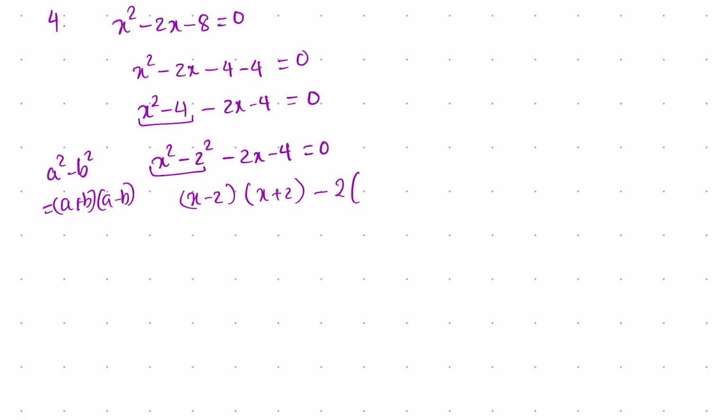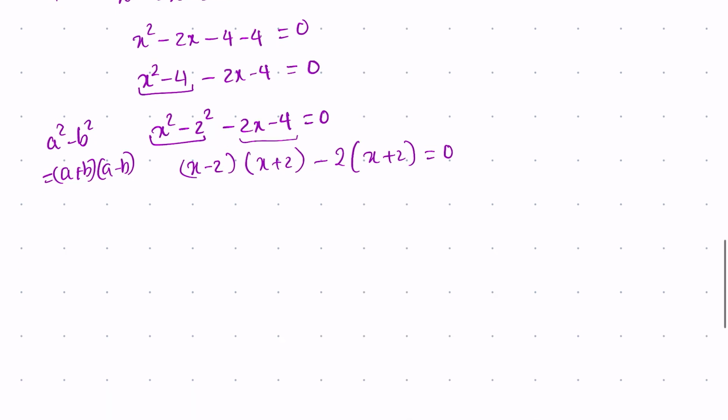If we factorize this part, x plus 2 can again be factorized. If we take that common, we're left with x minus 2 minus 2, which is equal to 0.